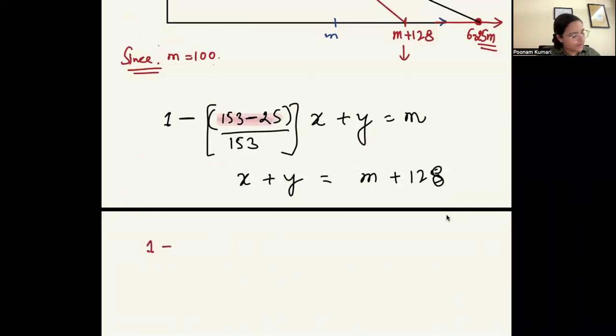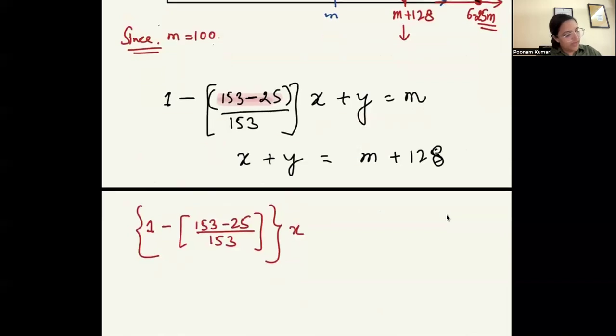This is 1 minus (153 minus 25) divided by 153, times x. And here y is plus, here it becomes minus, so y and y cancel. The m was plus, the m was also plus, and with minus it cancels. And what is left here? Minus 128. So I will have this equation left, subtracting these two.